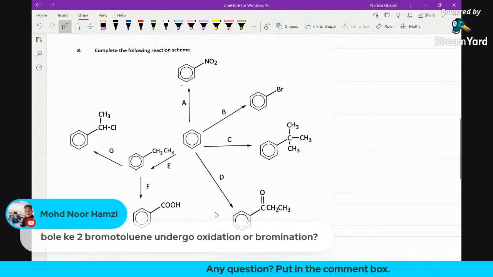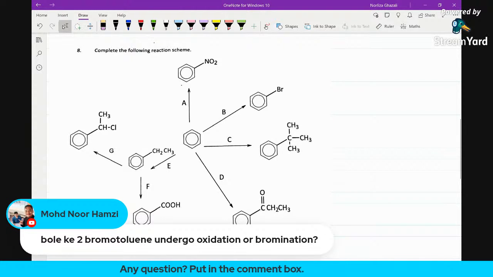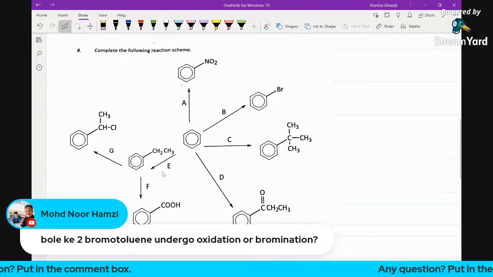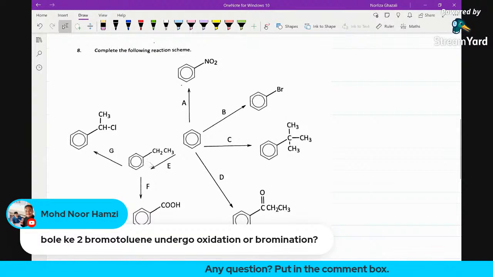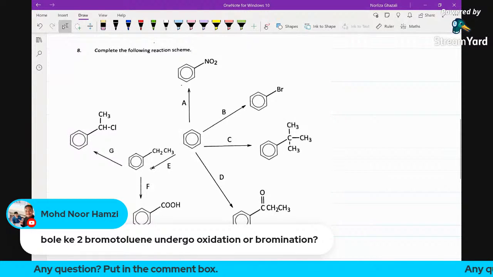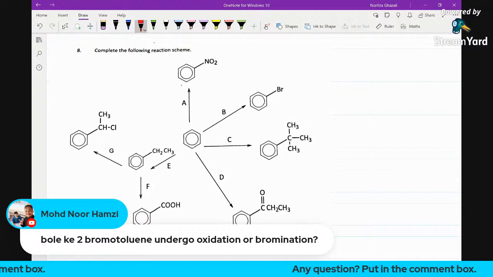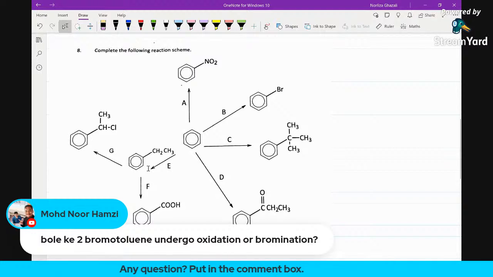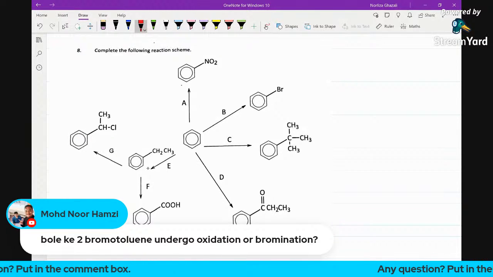Benzene with D gives 1, 2, 3, this ketone. And benzene plus E gives the product ethyl benzene. Ethyl benzene with F gives benzoic acid. Ethyl benzene and G gives chloroethyl benzene.